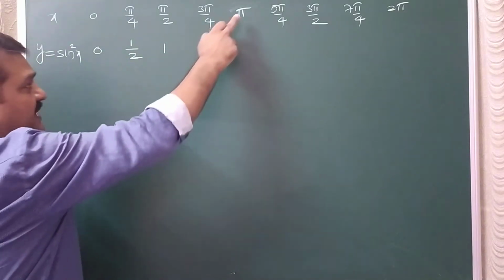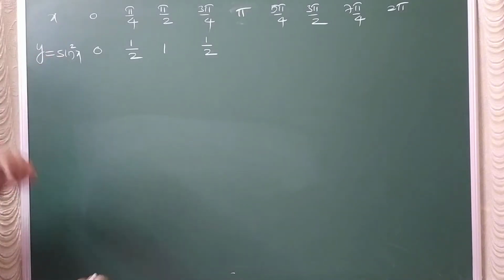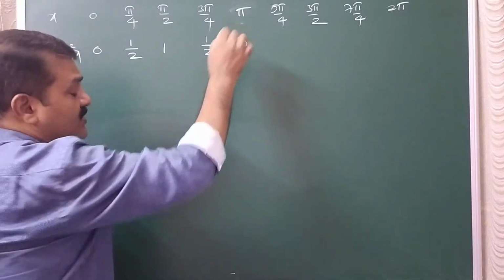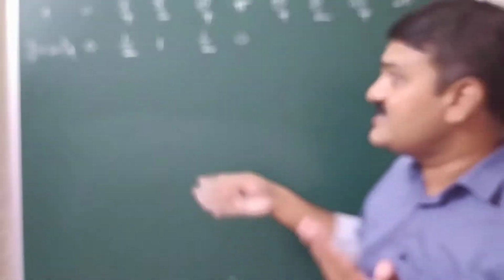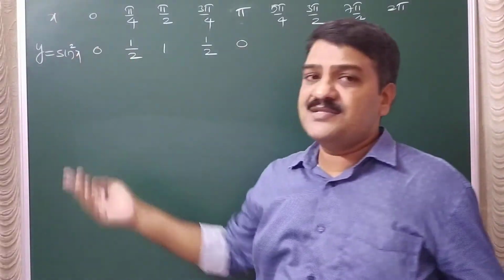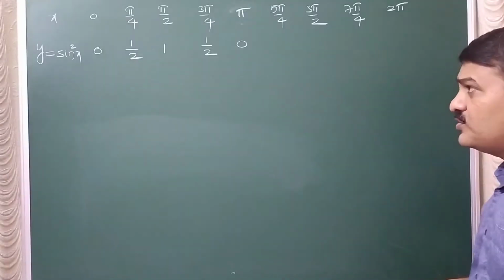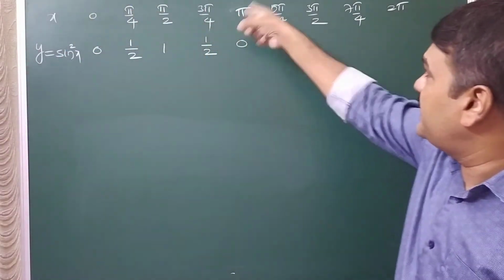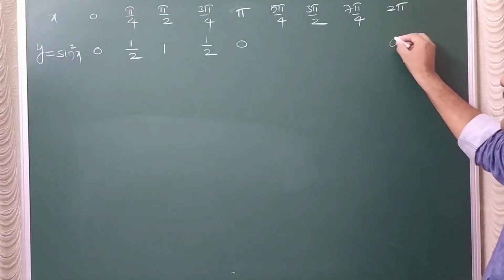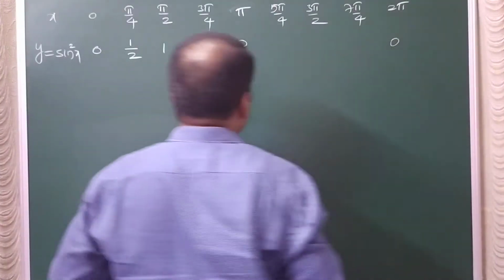Now when x is pi, sine square pi will be 0. We know that when x is a multiple of pi, sin x is going to be 0. Therefore sin x will be 0 for 0, pi, and 2 pi also.